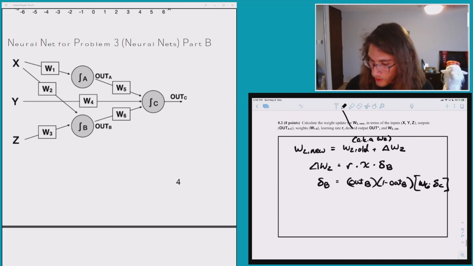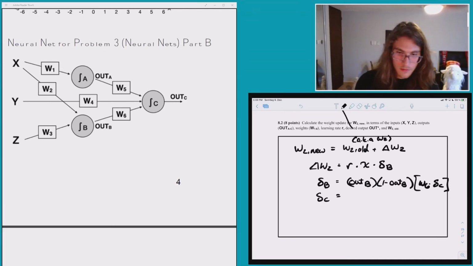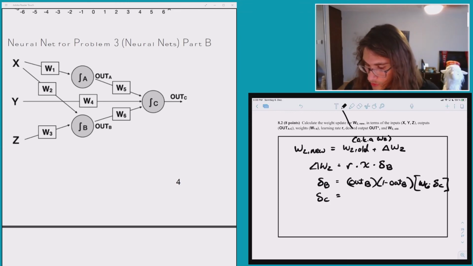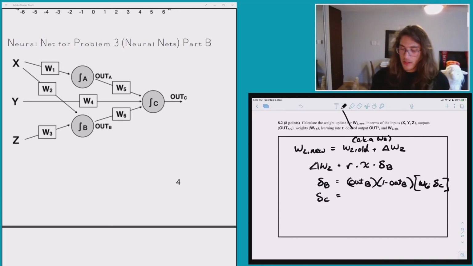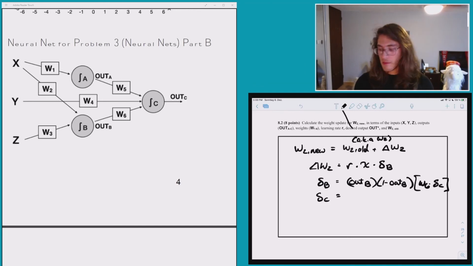And now I need delta C. Remember that now we have the condition that C is an output neuron, so the equation is a little bit different, but it starts the same as when the neuron is not an output neuron.